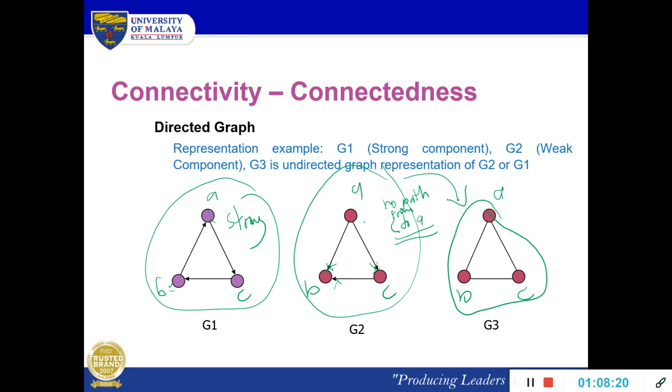So if you convert this directed graph to an undirected graph, you can see that all the vertices have a way to reach other vertices. But in the directed graph, there is no connection from C to A. Okay, from A to C, yes, but not from C to A, or even B to A. B to A also doesn't have a connection.